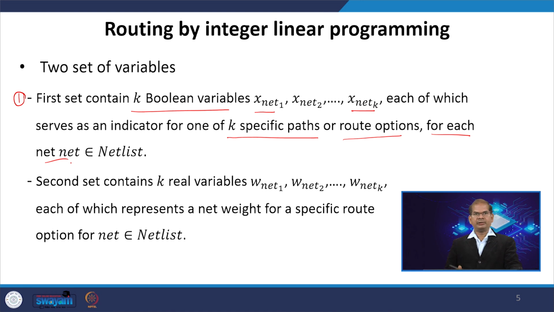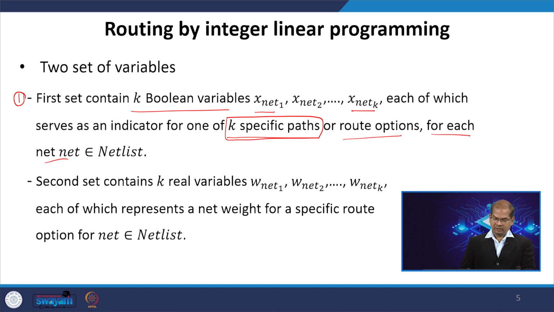For a net connection between one pin and another pin, we have multiple paths. We define each path by x net. Then we have to choose which one is optimal.